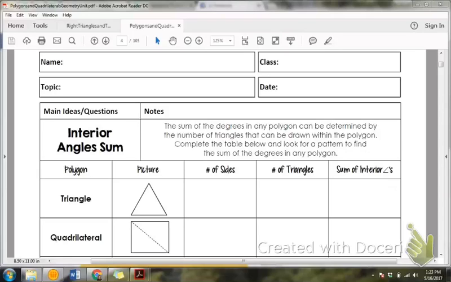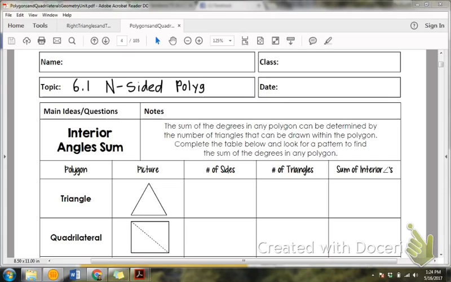So this is the beginning of Unit 6, and this is going to be Lesson 6.1. So Lesson 6.1, we're going to call this N-Sided Polygons.